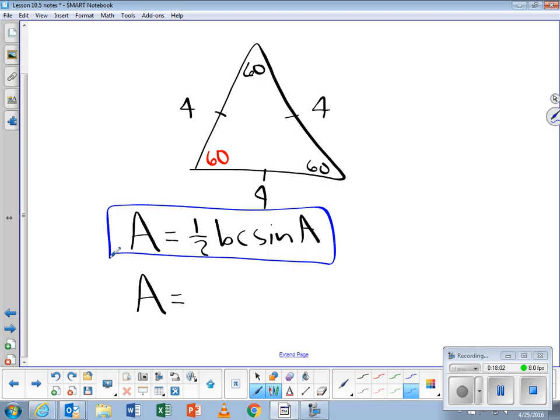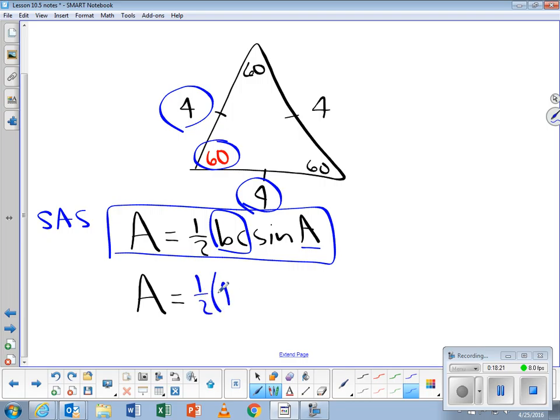And remember, the formula was side, angle, side. In other words, pick two sides and the angle between them and plug them into this formula and you'll get the area. So the area of this triangle would be 1/2 times 4 times 4 times sine of 60.